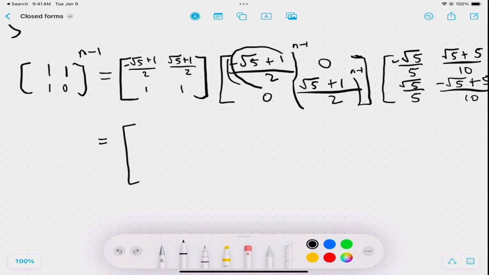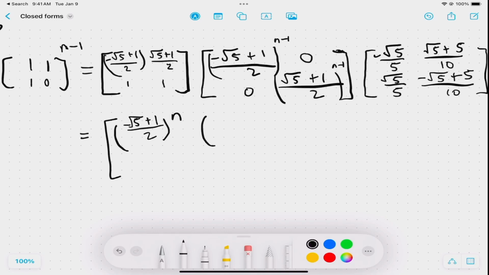So if we multiply these, they actually have the same base, and what that means is we add the exponents. So this has an exponent of 1, and if we add 1 plus n minus 1, the 1's cancel out, so we just get this entry raised to the n. And the same thing here, if we multiply these, these have the same base, so again it's going to be raised to the power of n.